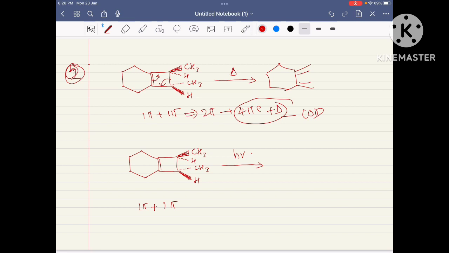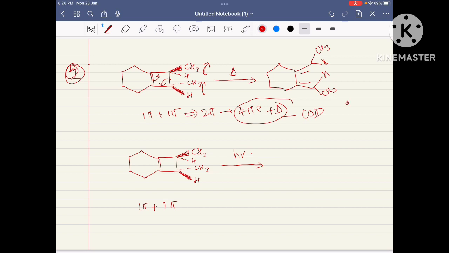Now we have to decide the stereochemistry. Conrotatory means moving in one direction. The hydrogen is above here. If we rotate in this direction, it will come inside and CH3 comes outside. So here CH3 is above. If we are moving in this direction, CH3 goes outside and H comes inside. Here also there is it. So this is the product.